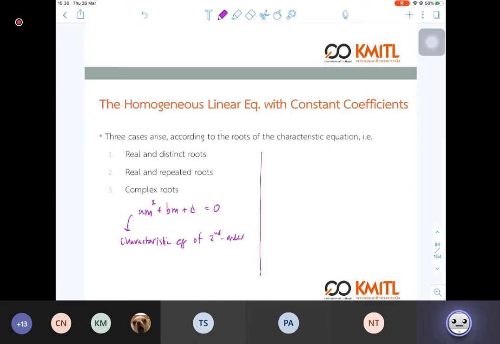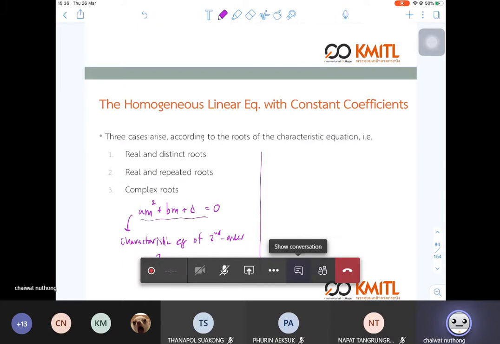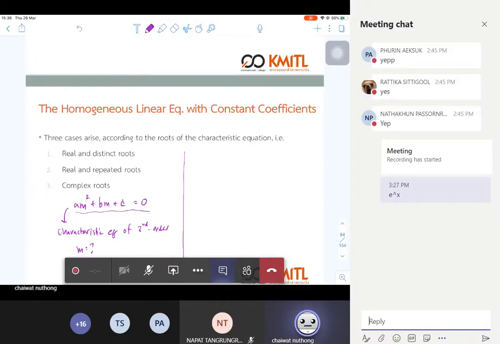How do they come? You have any idea? Remember, we would like to find m. Or in other words, you would like to find the root, where something equals 0. Or simply solve for m. How can you solve for m? This is high school math.